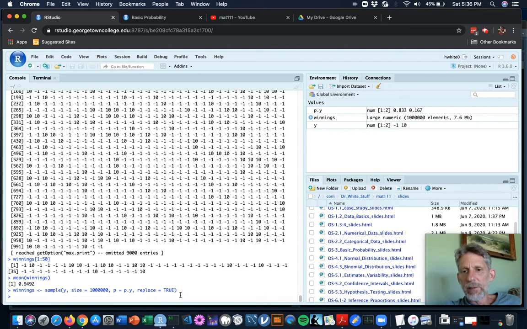And it only takes a moment, but winnings is now this very large numeric vector up here in my global environment, 7.6 megabytes of computer space. Wow. It's 1,000,000 numbers. About 1/6 of them are 10s, and about 5/6 of them are -1s.